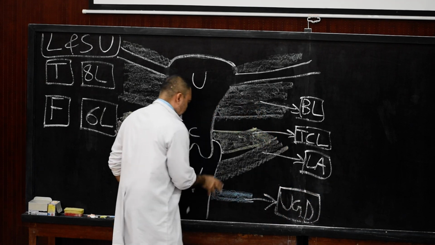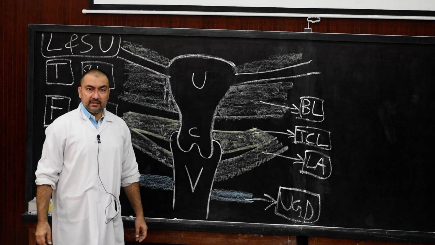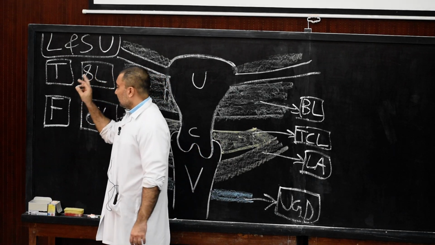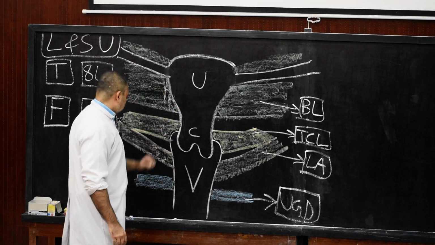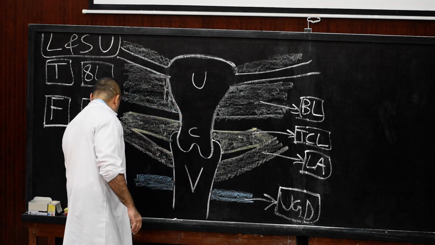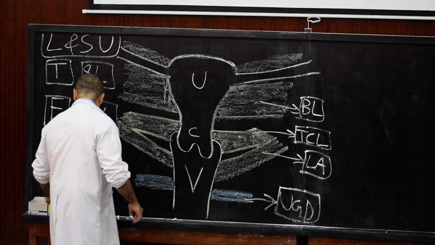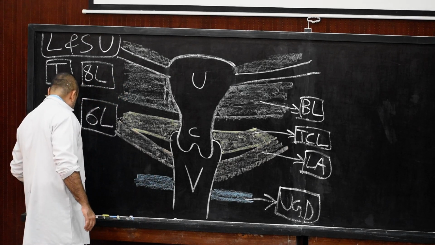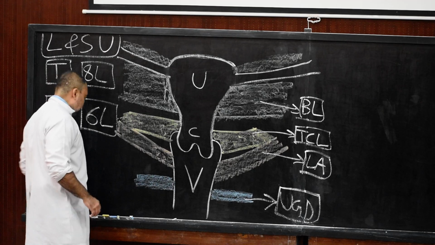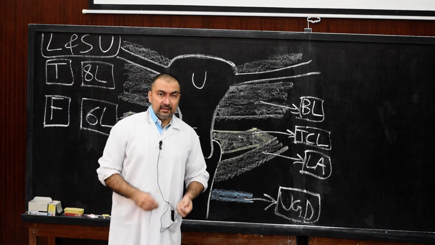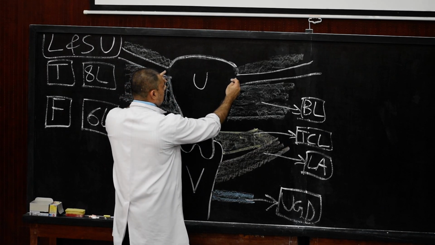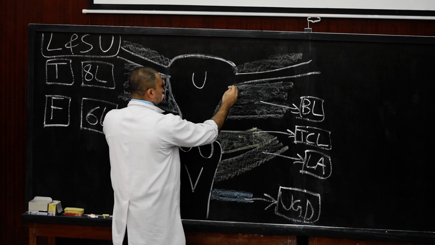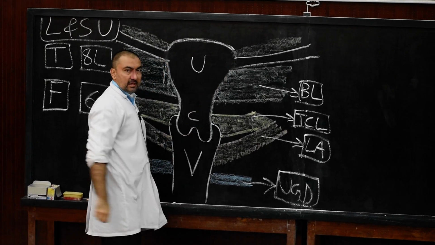Now, after drawing this, we start with the true ligaments. As I told you, there are 8 ligaments, so 4 pairs. The first pair of the true ligament will be the round ligament of uterus, which I am going to draw with red color. The round ligament of uterus is attached on the lateral angle of the uterus, situated below the opening of the fallopian tube.